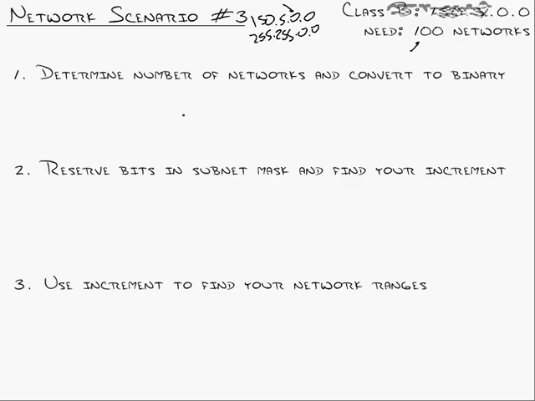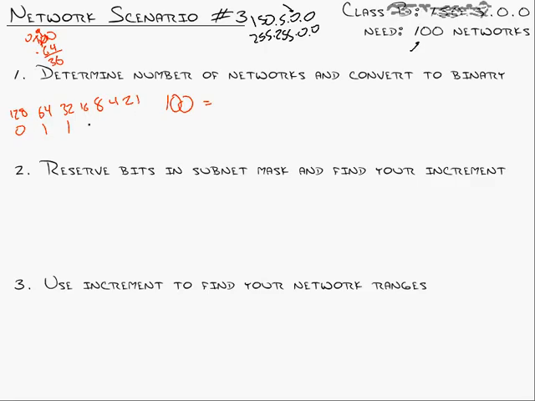Number 1, determine the number of networks and convert to binary. 100 subnetworks, right? That in binary, let me just write up our chart: 128, 64, 32, 16, 8, 4, 2, 1. So we convert it to binary, there's 0, we can't subtract 128, so our first one goes right there. 100 minus 64, remember on Cisco exams there are no calculators, so that'll be 36, right?